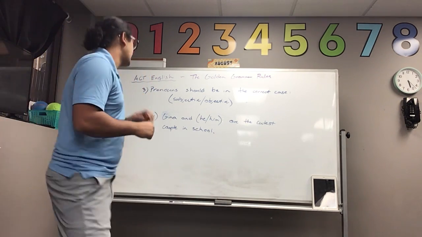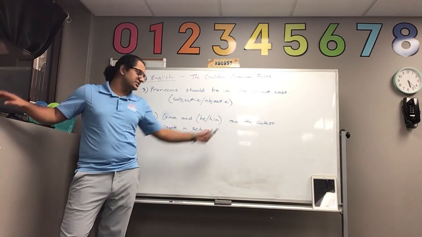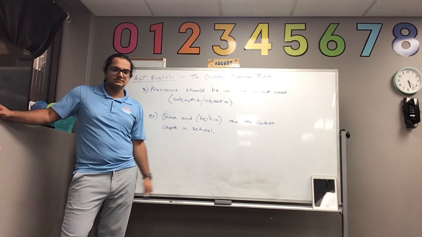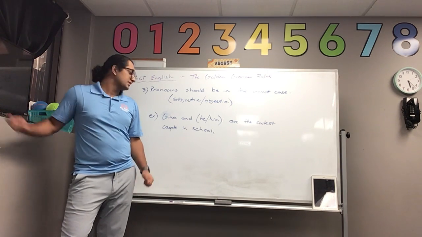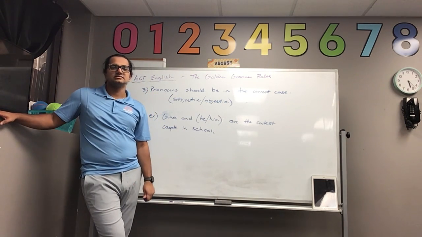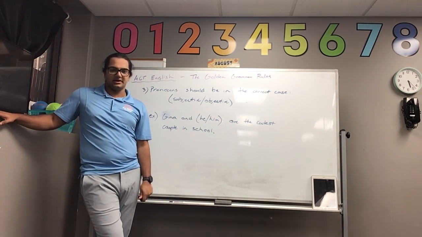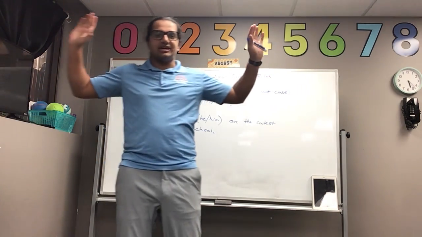Okay. How many people think Gina and he are the cutest couple at school? Okay. How many people think Gina and him are the cutest couple at school? Okay. This is a great example of, I apologize, I intentionally tricked you.